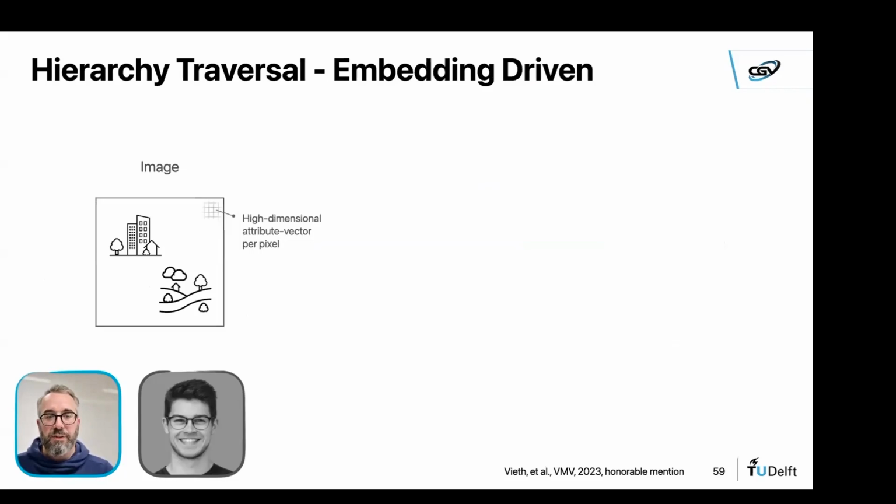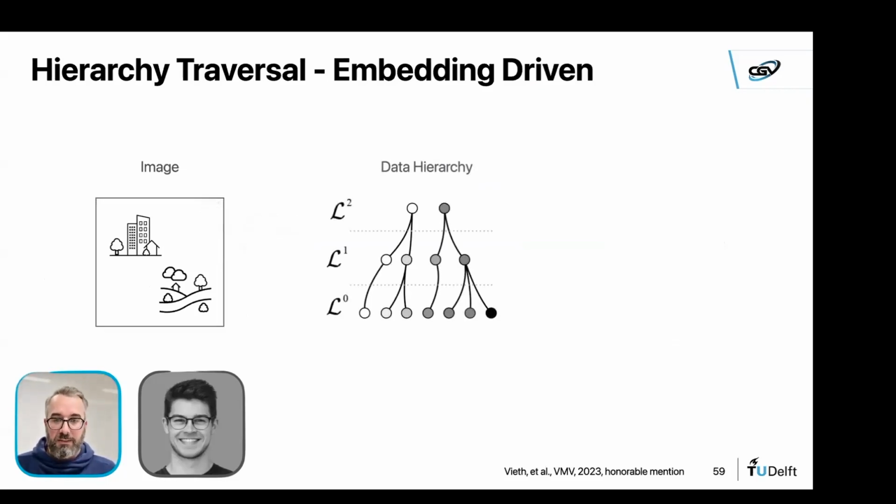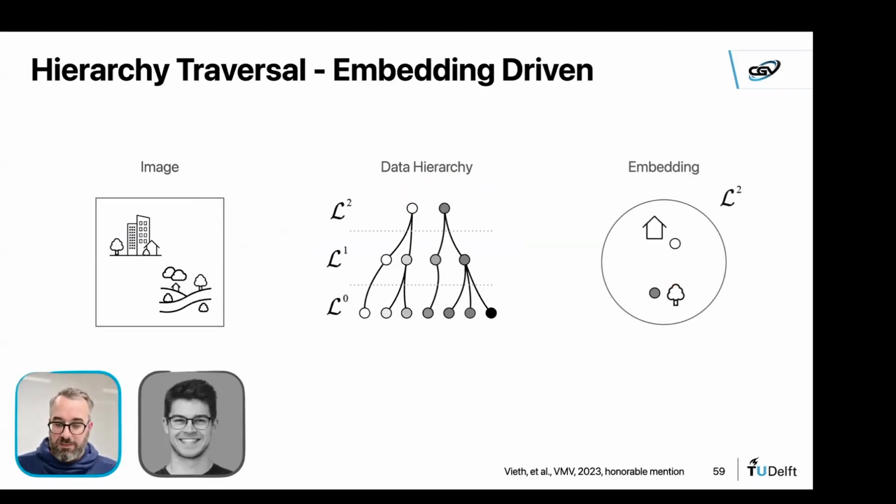So if you have an image like this, we built our hierarchy on this. That would look something like this, very simple. We have these 3 levels of the hierarchy here. This is our most abstract level, and the embedding of this abstract level might look something like this. So we have maybe man-made structure and nature in there, from this image of forests, roads, and buildings and so on.